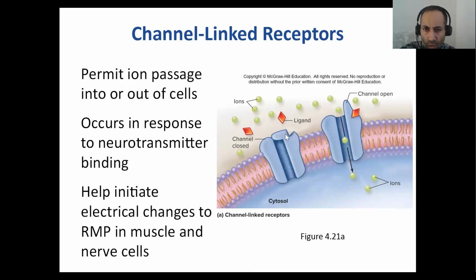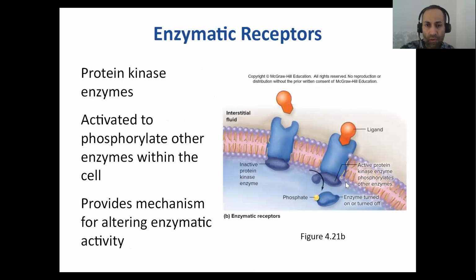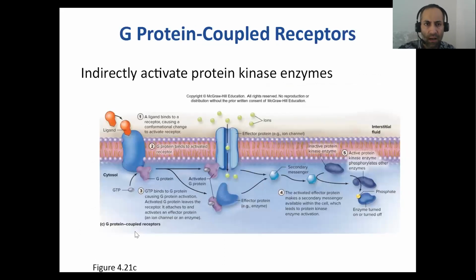So once the ligand or the neurotransmitter binds here, like a lock and key, it opens up the channel and the stuff can start moving in, okay? Enzymatic receptors: once the ligand or the hormone or the neurotransmitter, whatever, comes and clicks into place here, then this enzyme gets activated and it starts to phosphorylate or add phosphates within the cell. And so that can affect the activity of the cell as well.